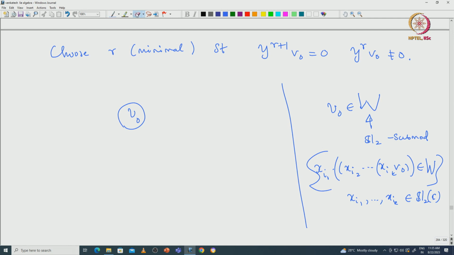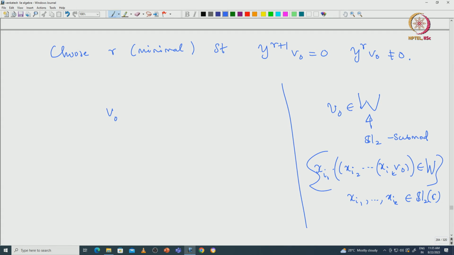For example, the way we have chosen this V naught, H is going to act as a scalar and x is going to kill it. So if you apply any powers of x, that is going to kill V naught, and if you apply any powers of h, that is going to leave the span of V naught invariant.